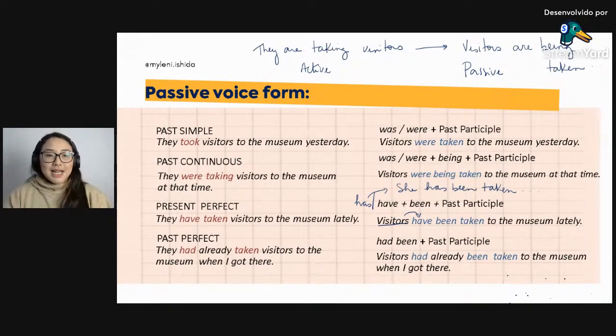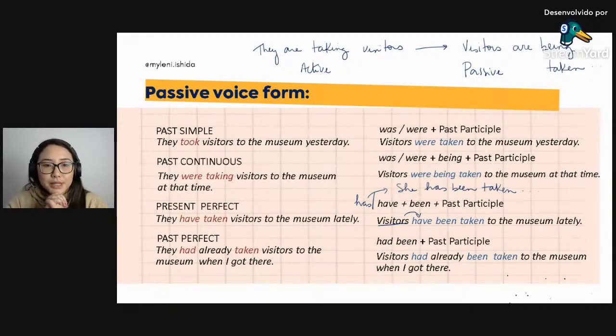This is the kind of topic that, if you feel comfortable, you can try to make your own examples and try to translate to Portuguese, okay? This is one exception, you can do that, there's no problem. I'm not extreme when I say in my classes, sometimes I say Portuguese, that's okay, right? If it's going to be useful, I think it's valid. What we cannot do is speak Portuguese all the time, okay?